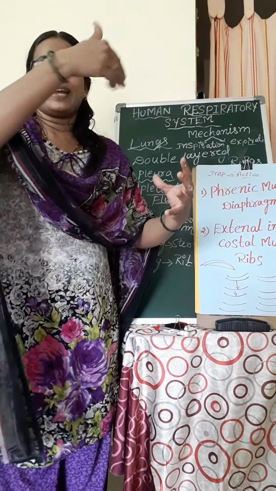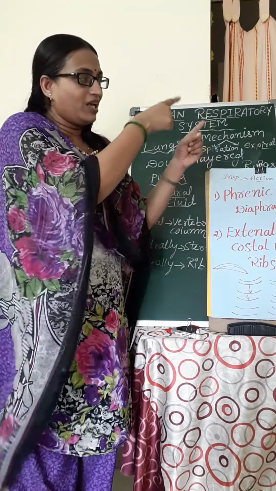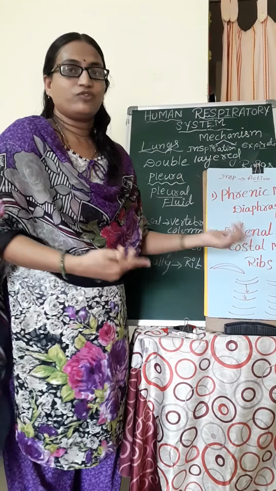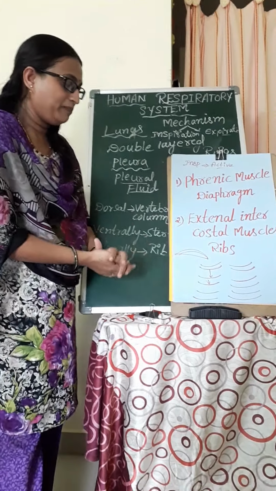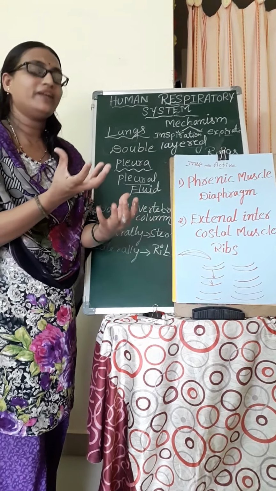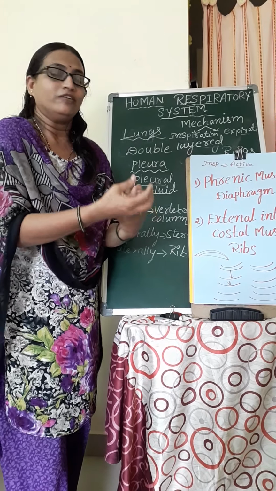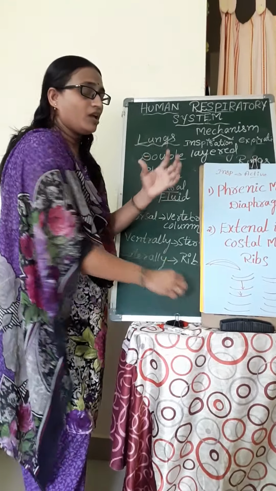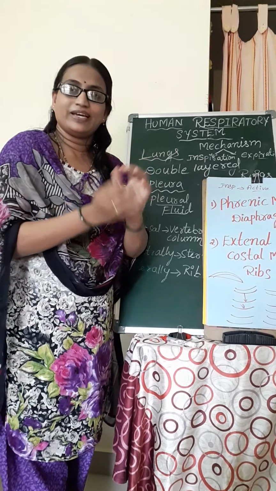Air from the outside enters into the lungs through the passage we discussed now. After that, what will happen? In the same way, at the alveolar sac, the exchange of gas molecules will happen. In the alveolar sac, there is deoxygenated blood.